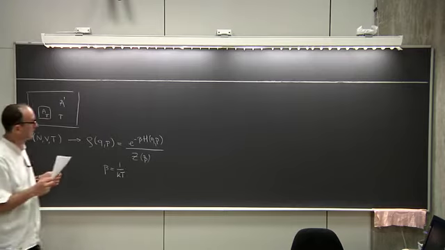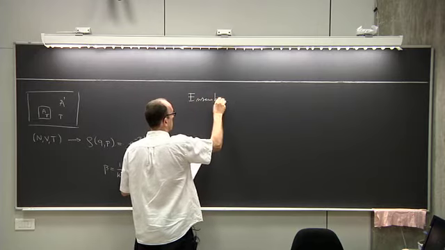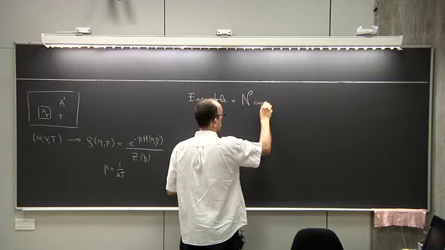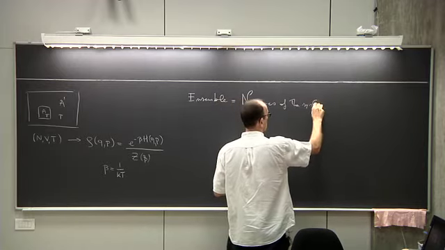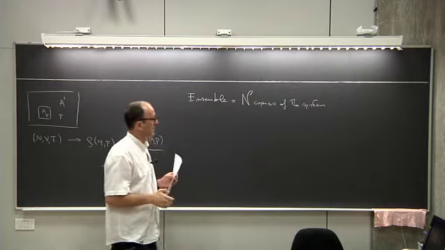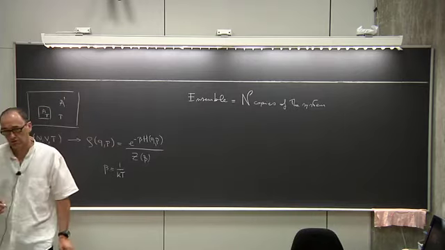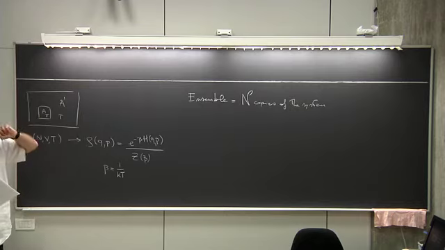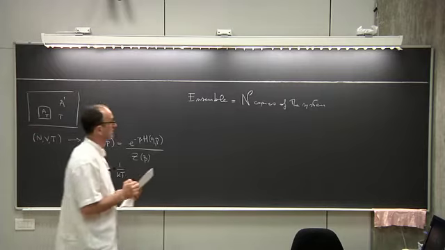An ensemble, as we said, is a set of N copies of the system. Now we are going to take a generic situation where this system can be in different energy levels, and we are going to consider discrete energy levels.